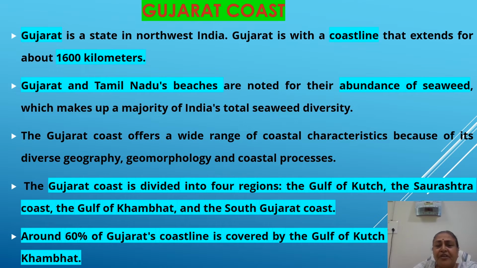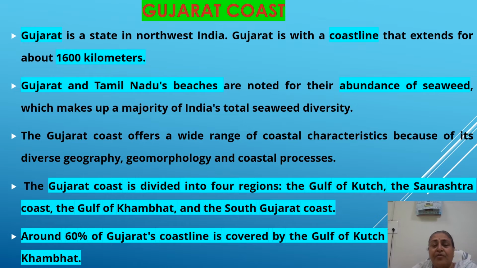Gujarat is a state in northwest India. Gujarat has a coastline that extends for about 1600 kilometers, and friends, Gujarat and Tamil Nadu beaches are noted for their abundance of seaweeds, which make up the majority of India's total seaweed diversity. The Gujarat coast offers a wide range of coastal characteristics because of its diverse geography, geomorphology, and coastal processes.